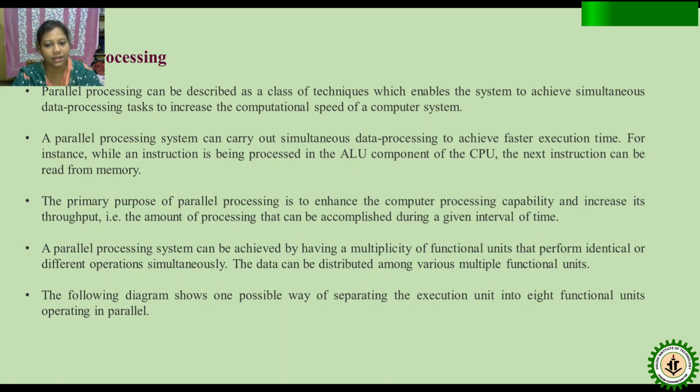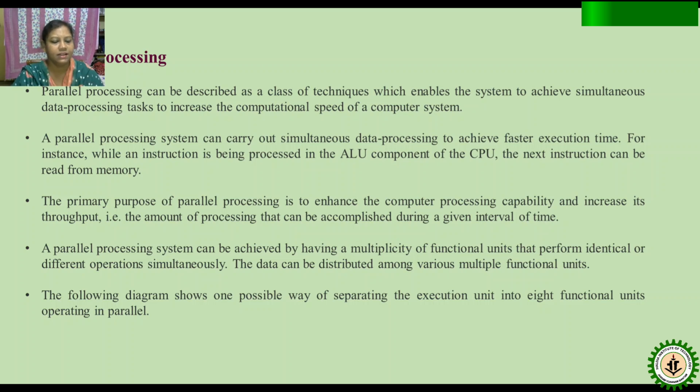So the data can be distributed among multiple functional units. Suppose one operation is A plus B, one is C plus D, one is A plus C, and in this way different data operate on different functional units and produce the output.